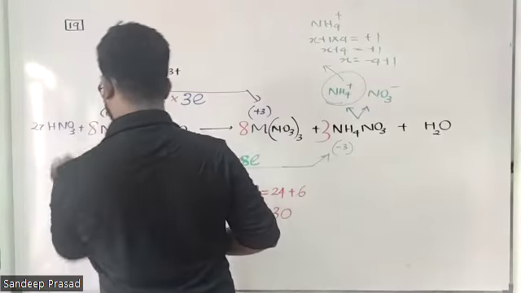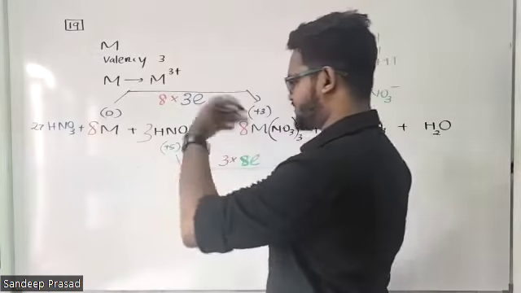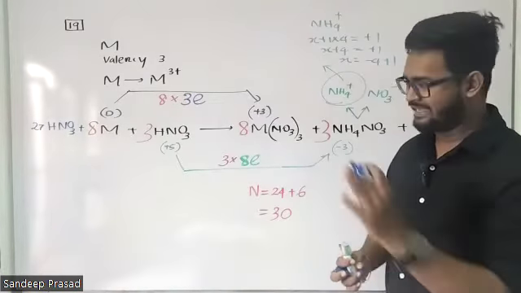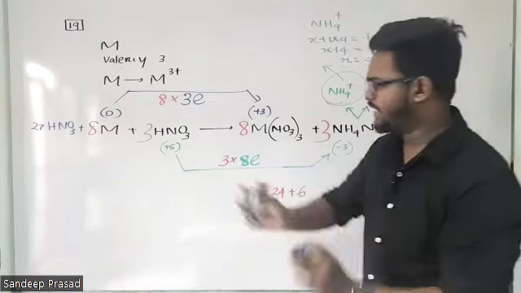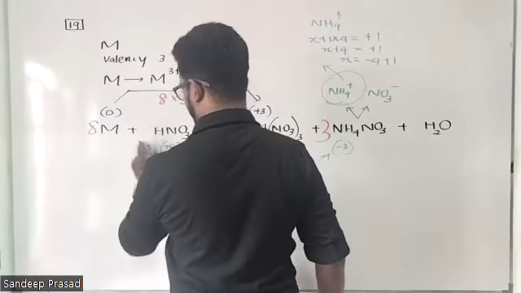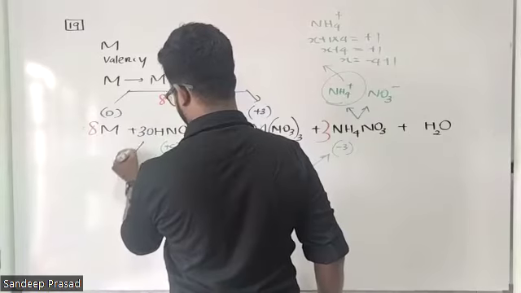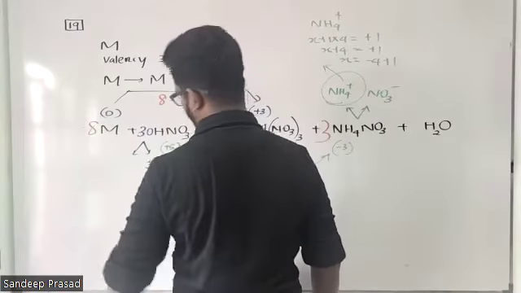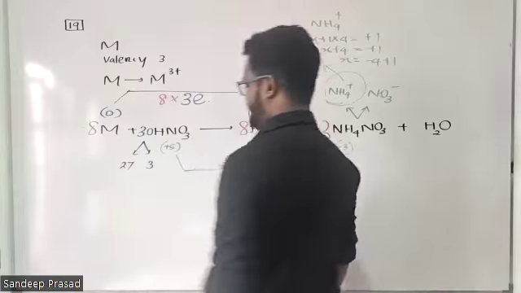But remember, whether it is acid HNO3 or oxidizing HNO3, HNO3 is HNO3. Then we can add them together. 27 plus 3, how many? 30. Then I'm going to change the coefficient to 30. But remember, this 30 represents 3 oxidizing agent HNO3 and 27 HNO3 which are acting as the acid.